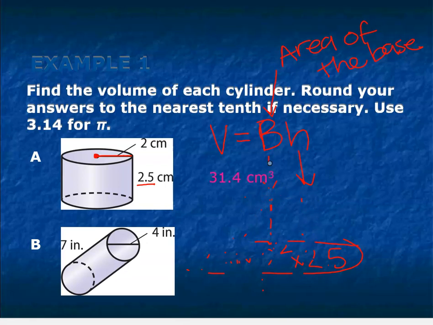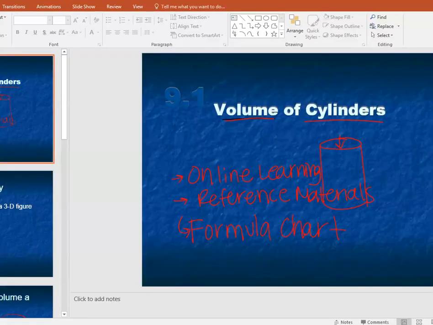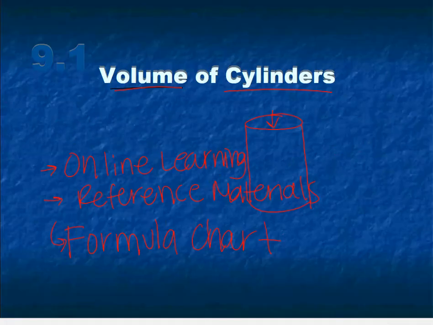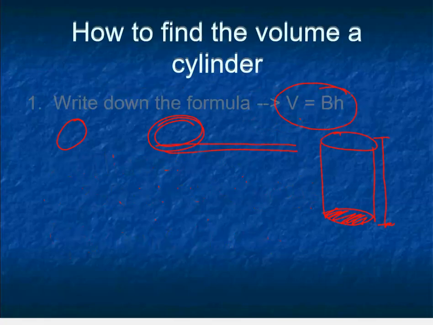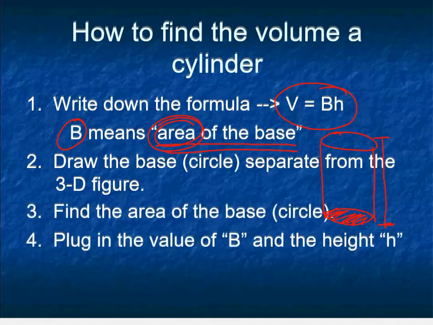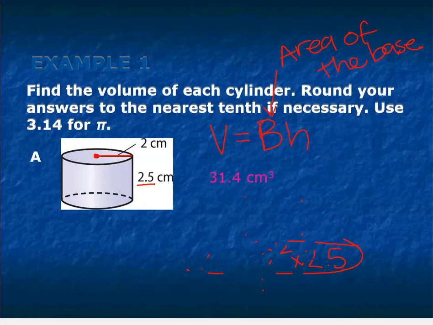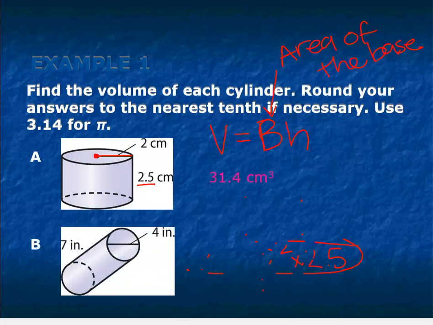The formula for the volume of a cylinder is big B times H. Big B means the area of the base, the area of the circle at the bottom.